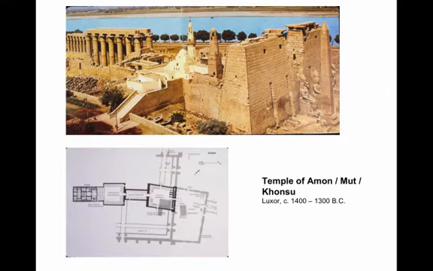Here's Temple of Amon at Karnak in Luxor, added on to over a period of over 100 years. We can see we're starting here, then we had this, then we had this. And this thing is so big that there's a mosque in the middle of it. So these things are absolutely gigantic.